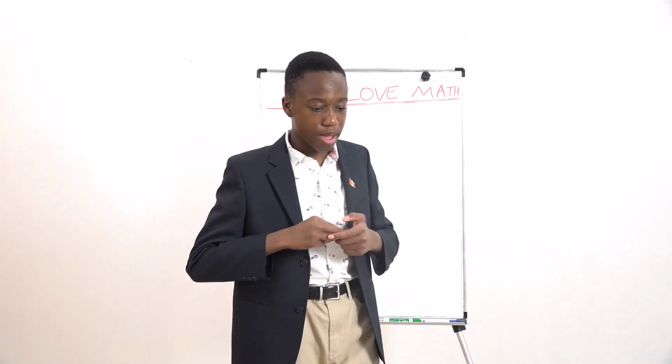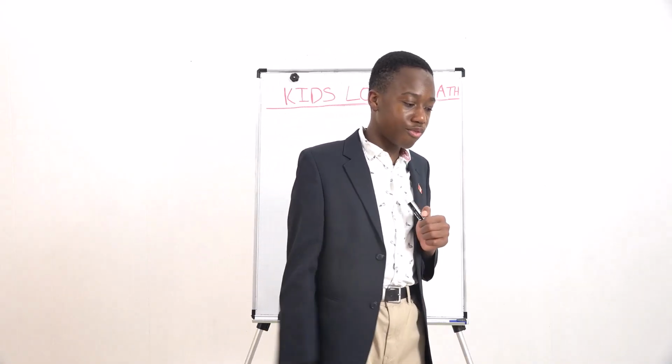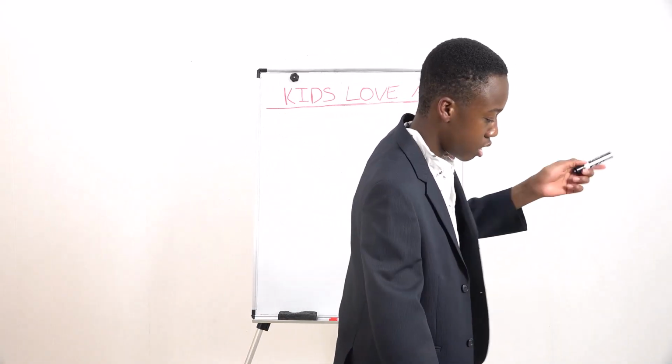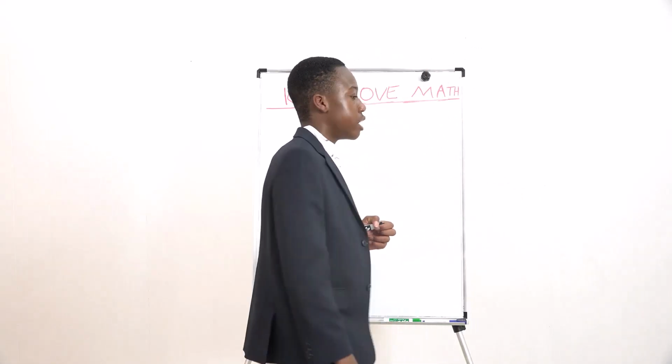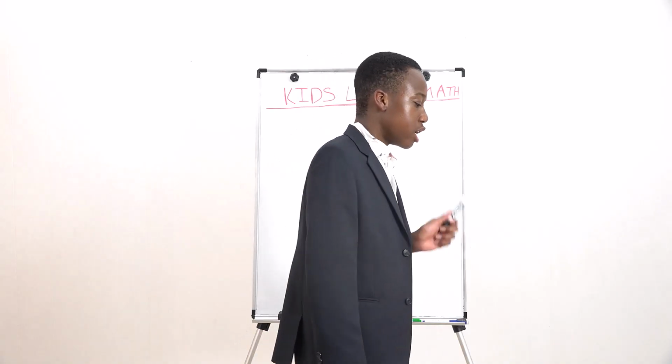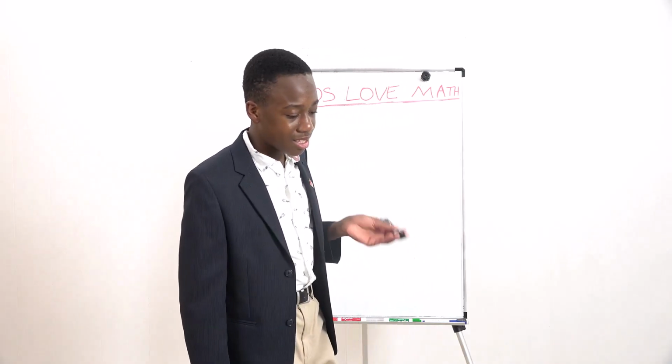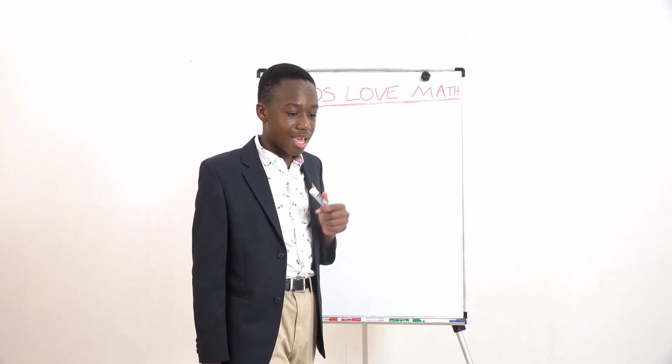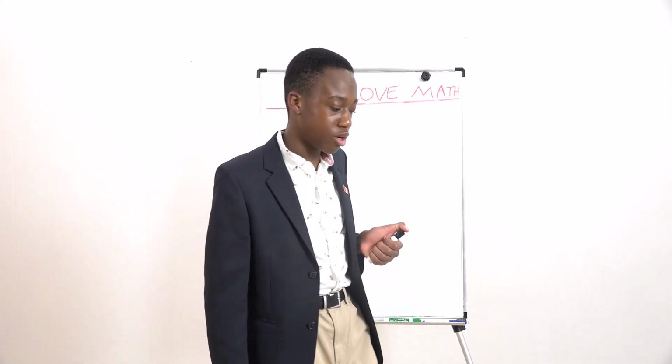If I gave a problem saying Henry wanted to make a fence around his backyard. He needs to know what the length and the width is. The length is 8 meters and the width is 4 meters.